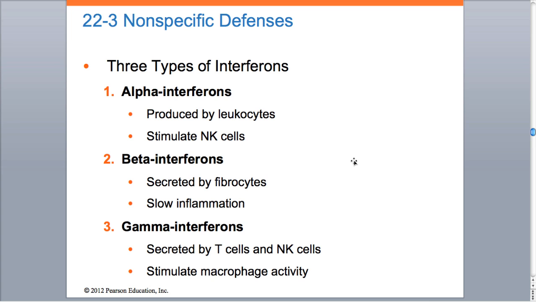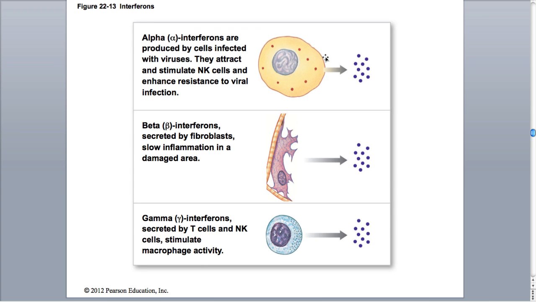This slide is worthy to keep in mind. It goes with the next slide. So here's your alpha interferon, beta interferon, and gamma interferon. These slides are worthy to keep in mind. Next slide.